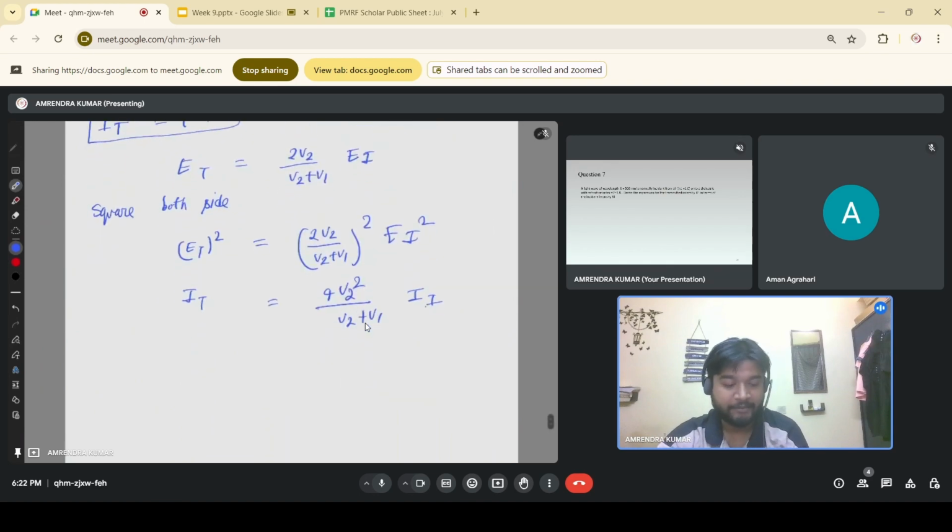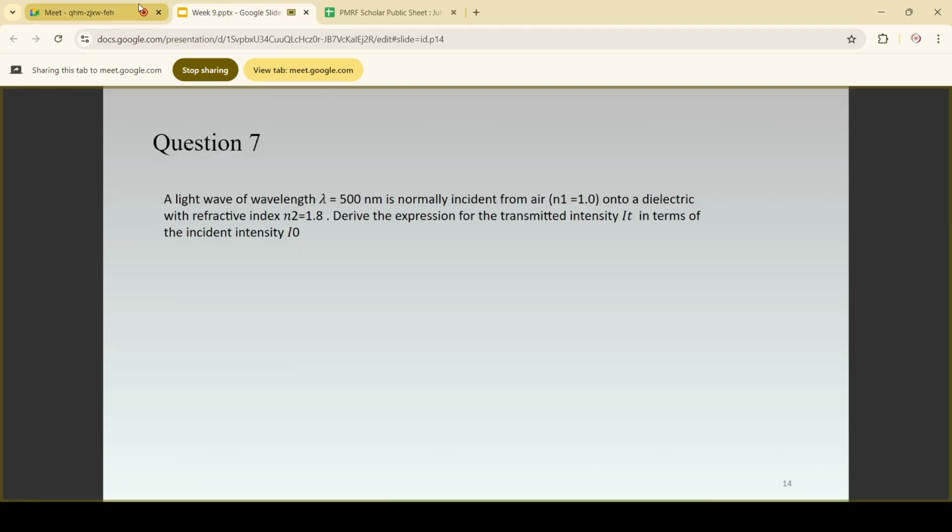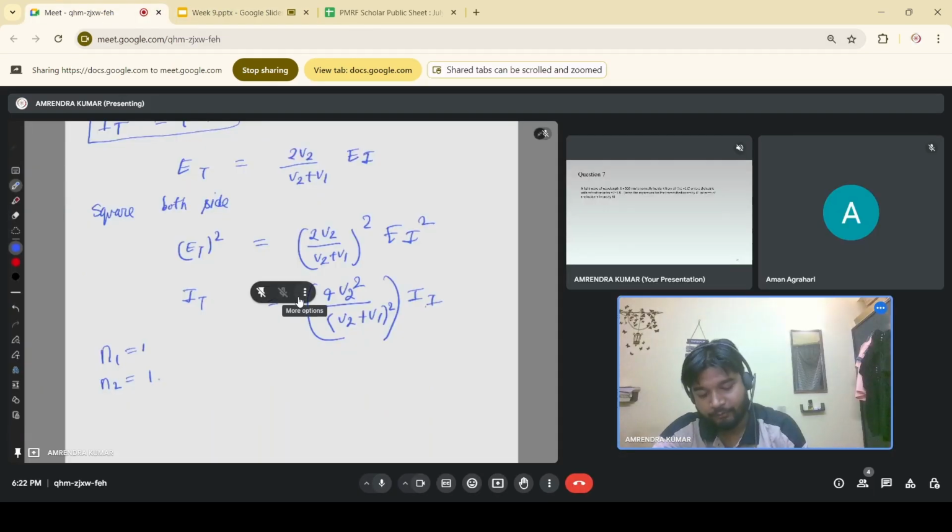So IT is in terms of II, and this is the coefficient that relates them. Now we have been given the refractive indices, that means n1 is 1 and n2 is 1.8. We know that v2 is c by n2 and v1 is c by n1.